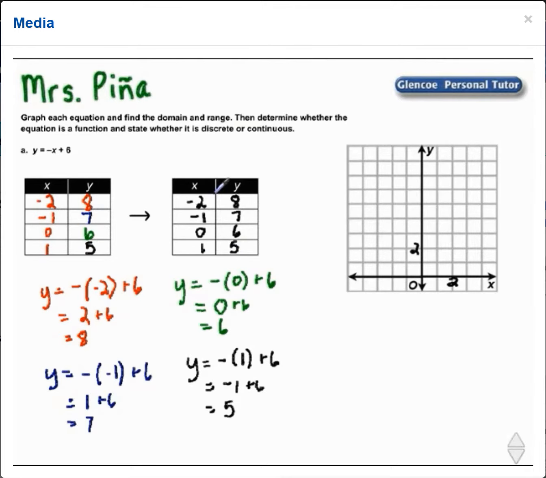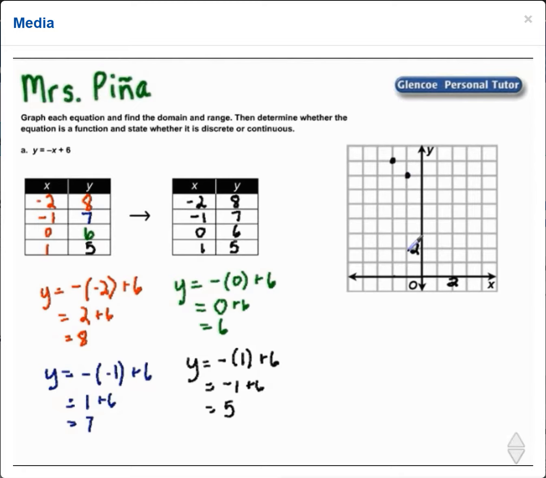I'm going to plot each point separately. -2 for x, 8 for y. That means I go left 2 on my x-axis and up 8. 1, 2, 3, 4, 5, 6, 7, 8. That's my first point. -1, 7 will be the next point. -1, left 1, up 7.